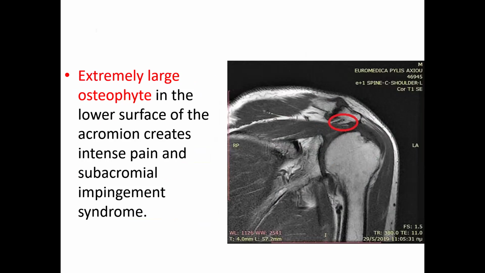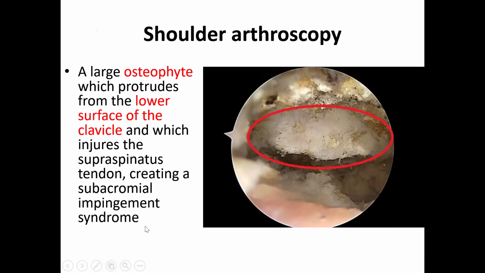Similarly, the MRI or the radiograph both can be used to assess osteophytes. As we can see here, a hooked and pointed large osteophyte just under the surface of this acromion. This is the humeral head, this is the subacromial space, and this extremely large osteophyte on the lower surface of the acromion creates intense pain and subacromial impingement syndrome.